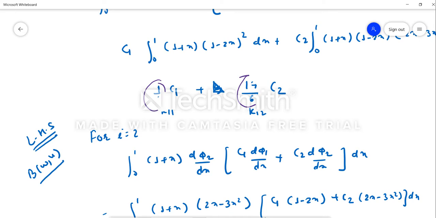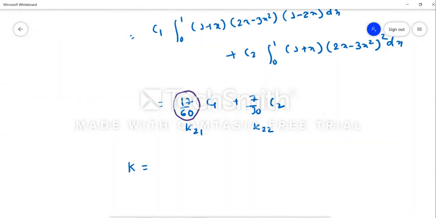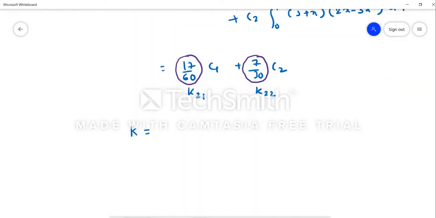It was 1 by 2, and this is 17 over 60. We will use these terms, so the K matrix will look like this way: 17 over 6.